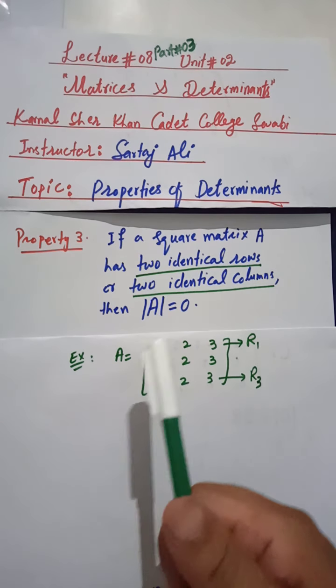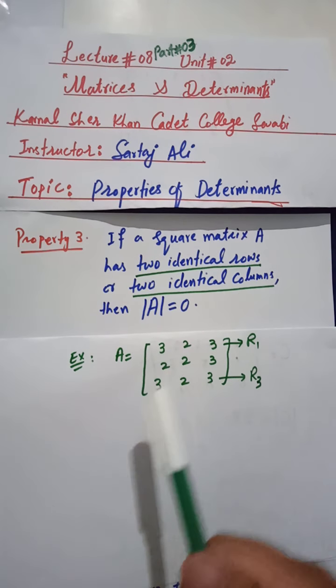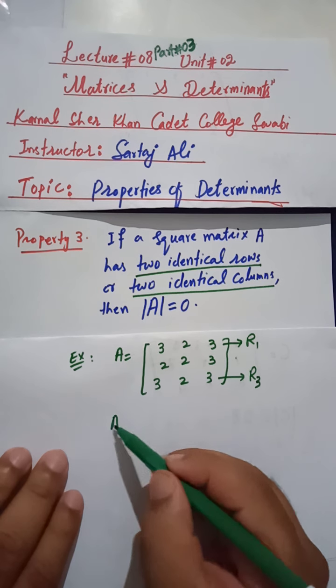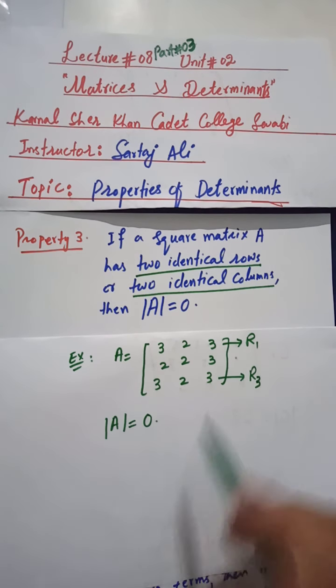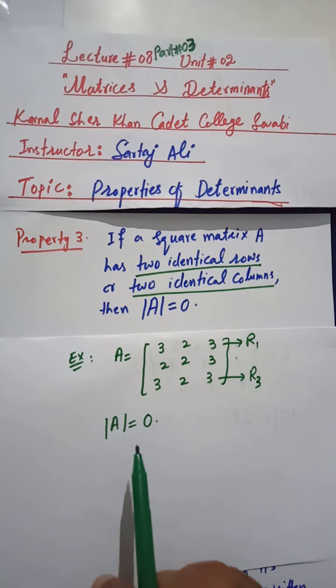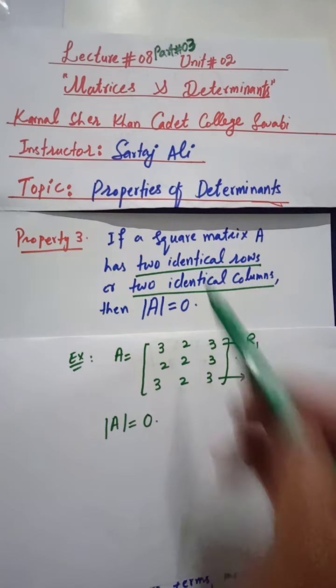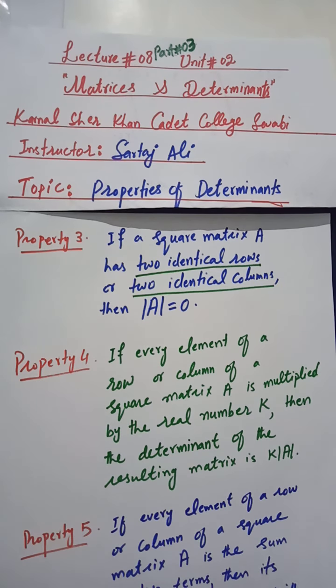So this property says that if two rows or two columns are identical, then the determinant of that matrix must be 0. This is property number 3. If you expand this with the method of minors and cofactors, you will get the determinant 0. Now property number 4.